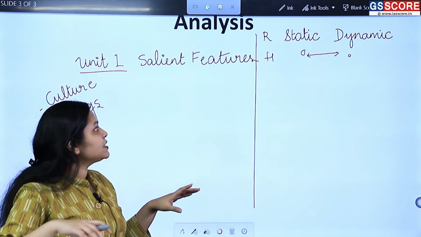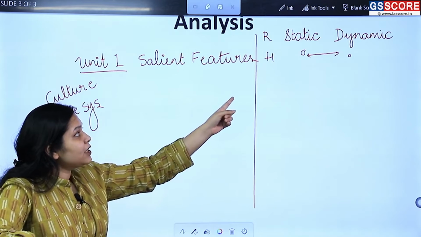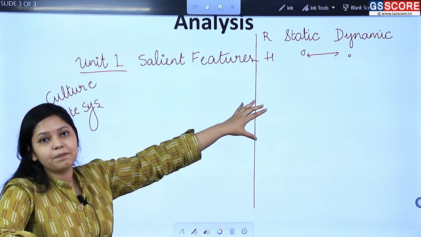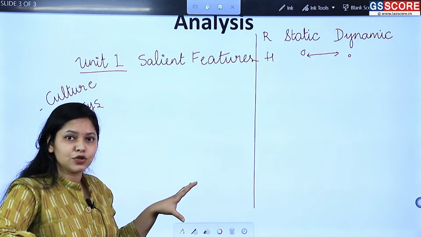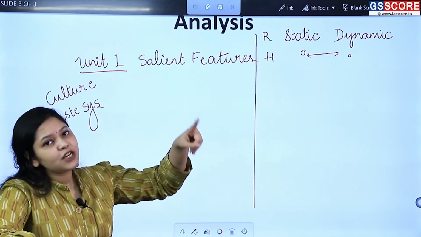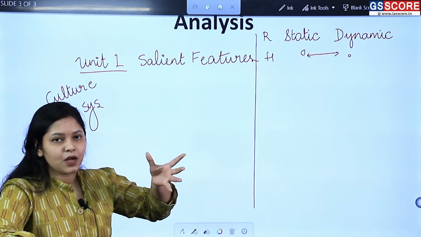So in that manner, we see that the relevance of the static part remains to be high, but there has to be an interrelation of the static and the dynamic part. We have to see what are the basic institutions of the Indian society, but what are the dynamic changes to these basic institutions. Even language, for instance.